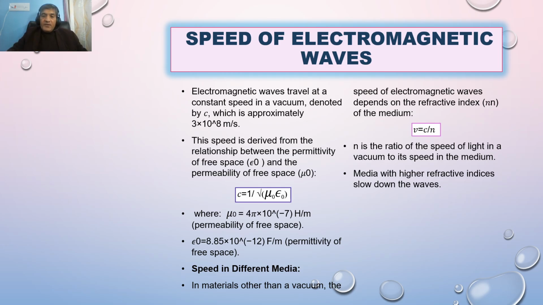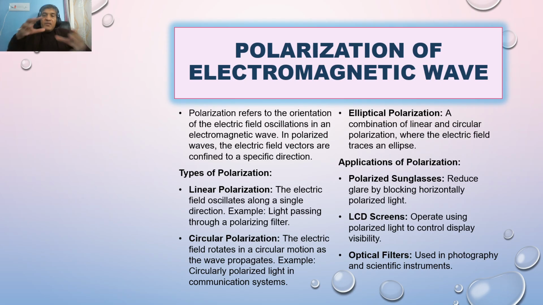Now move further. These are some optical phenomena regarding electromagnetic wave, and the polarization of electromagnetic wave is here. First, I will read the points one by one. Polarization refers to the orientation of the electric field.